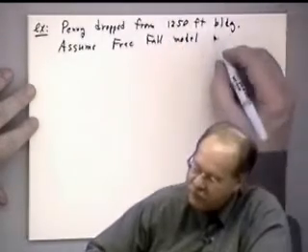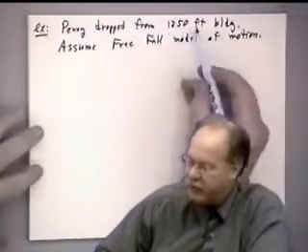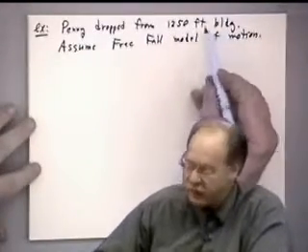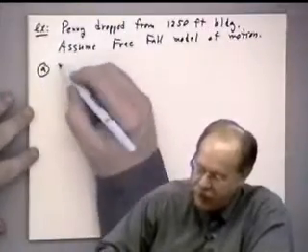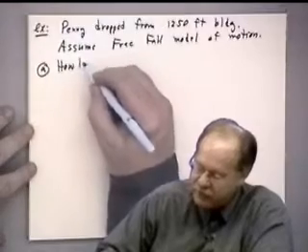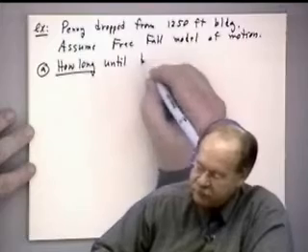So we'll assume the free fall model of motion. And this is a reasonable assumption. 1,250 feet is not very far from the surface of the Earth, so this is going to be a reasonable model of that motion. So the first question we can ask is how long until the penny hits the ground?